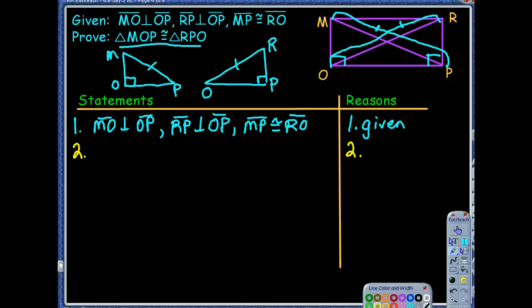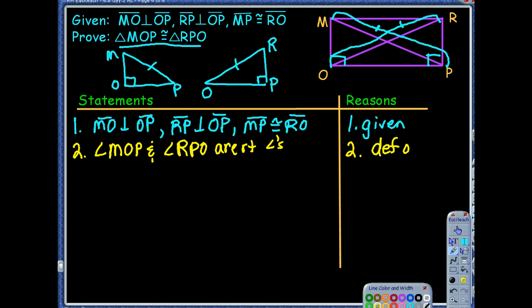So I'm going to say that angle, and I can't just call it O. Why not? Because as I look back at the original picture, I noticed there's lots of things coming off of O. So angle MOP and angle RPO are right angles. And that's because of the definition of perpendicular.